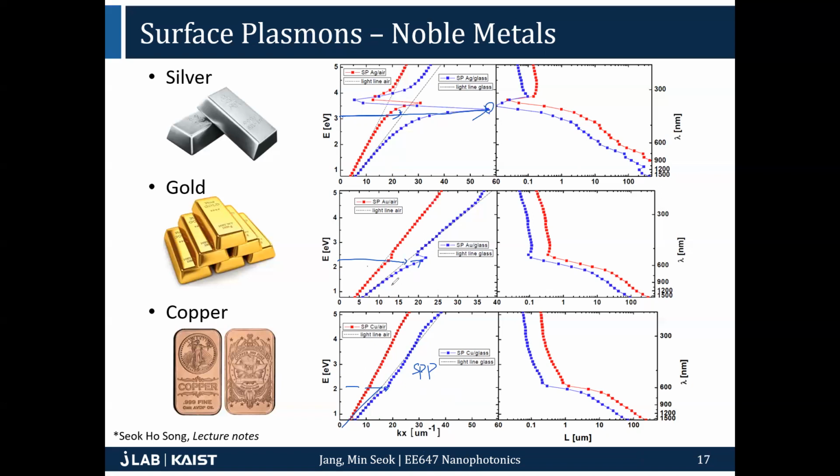This is because the material loss of gold and copper is relatively larger than silver, so the deviation actually becomes lower.